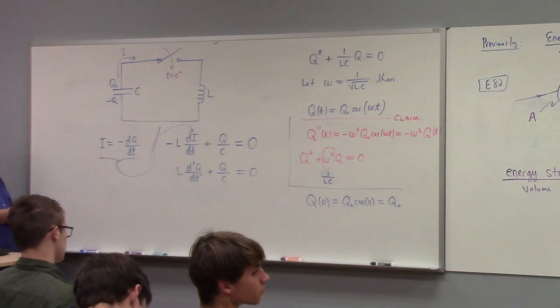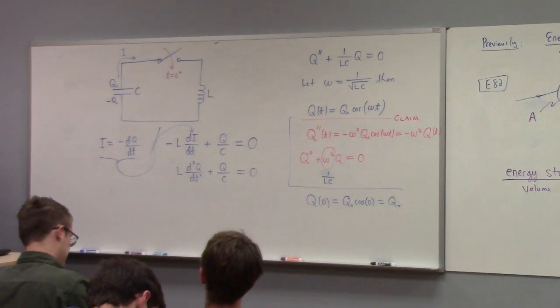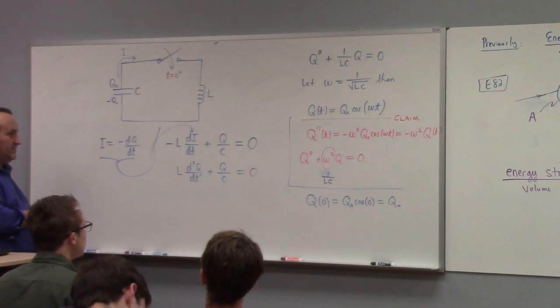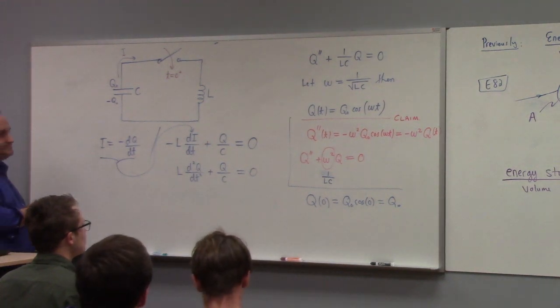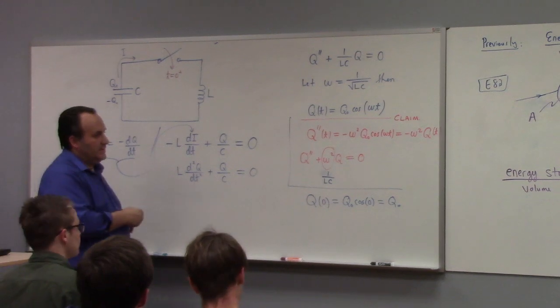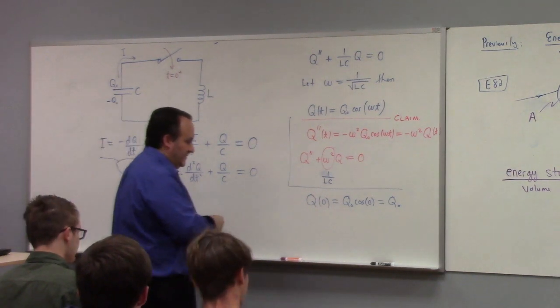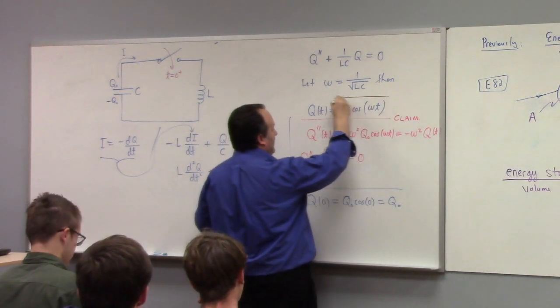All right. So what is the energy in this circuit at time t? We can work that out, right? So on the one hand, we have found the charge in the capacitor.